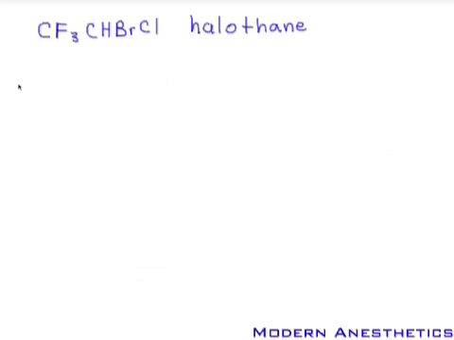A halogen-containing ether is also used as an anesthetic, and this one is referred to as enflurane.